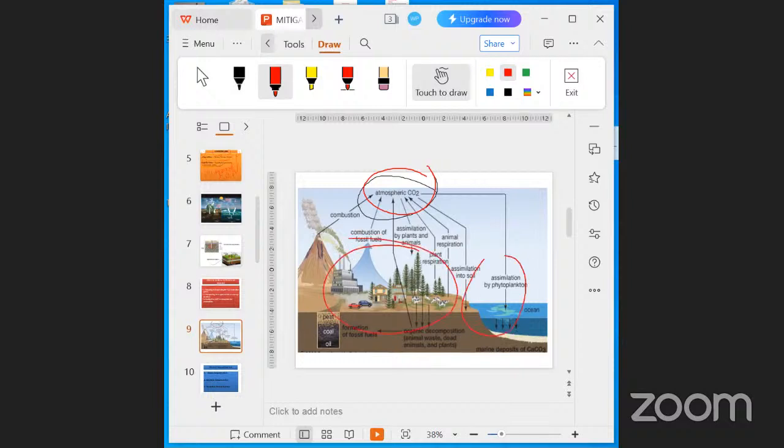What is happening is that for years and years, the carbon gets deposited inside the oceans or inside the land.